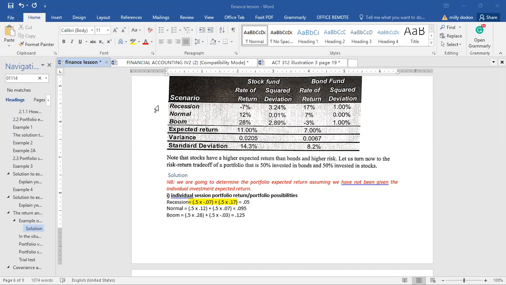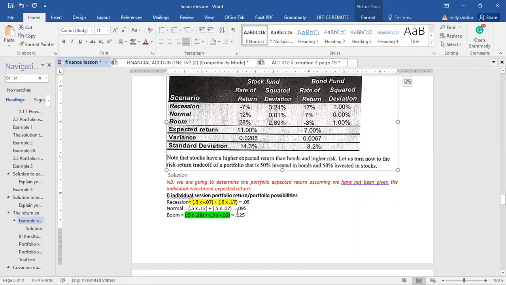Then you go to the last section, which is boom. So you pick the first weight, which is the 0.5 for the first one, multiply by the second, the 28% here, plus the second 0.5 multiplied by the negative 3% over here.